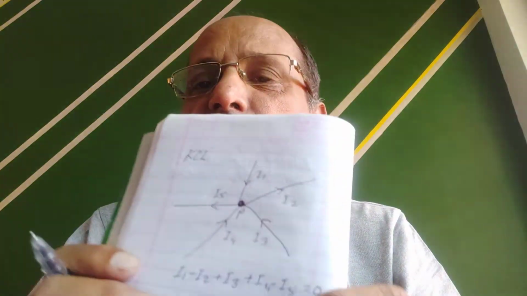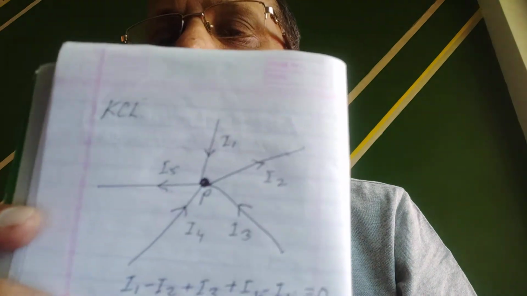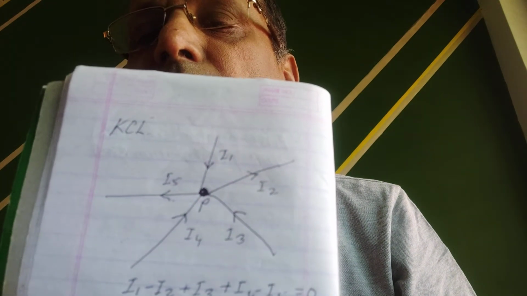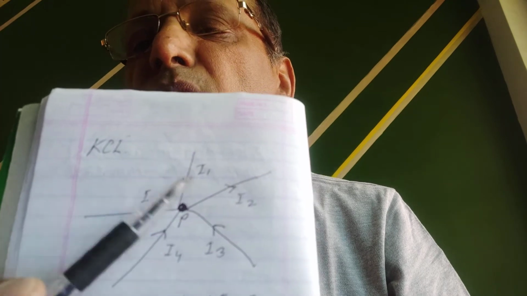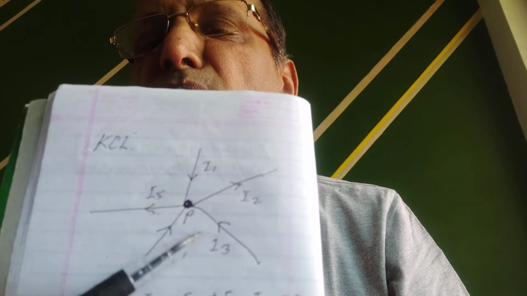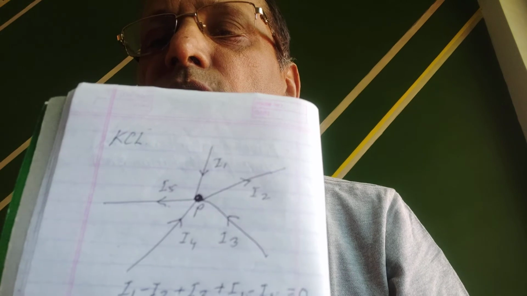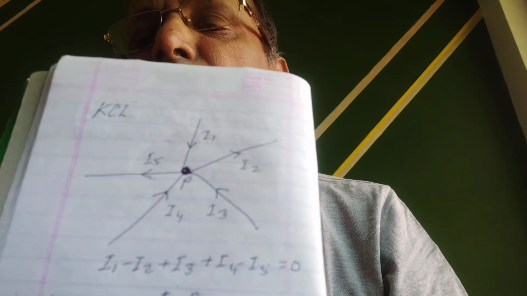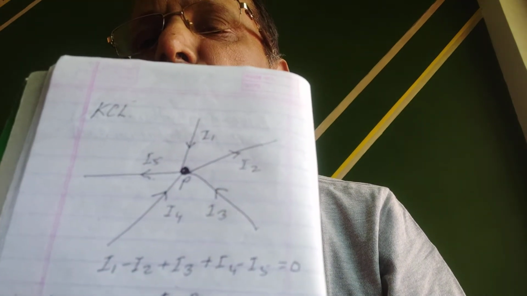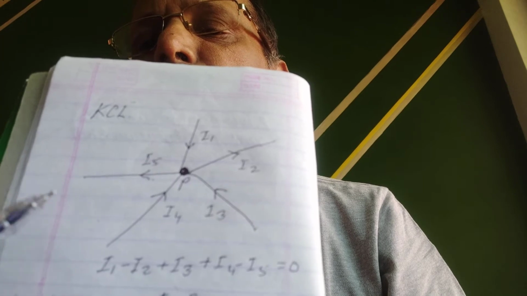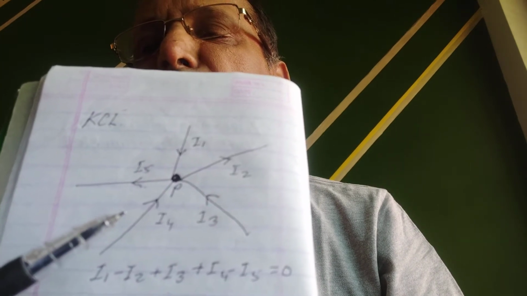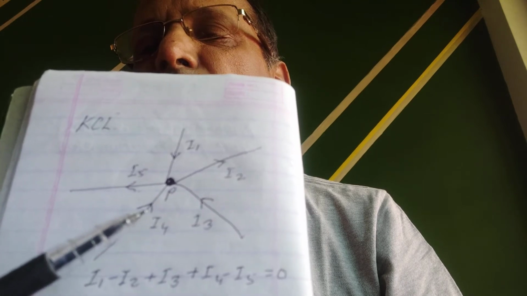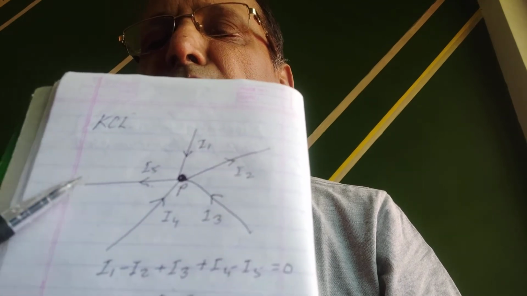So you see in this particular figure that this is point P, and a number of currents are coming and a number of currents are going. Algebraic sum means those currents which are moving towards the point P are taken as plus, and those currents which are going away from the point are taken as minus.